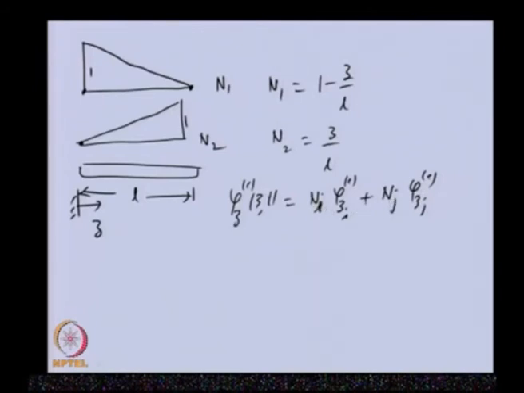So, you can see that if we want the value of this field variable at z equal to 0, this will be 1, this will be 0, and that will give us the field variable at the ith node. If it is z equal to L, this will be 0, this will be 1, so we will get the field variable at the jth node.